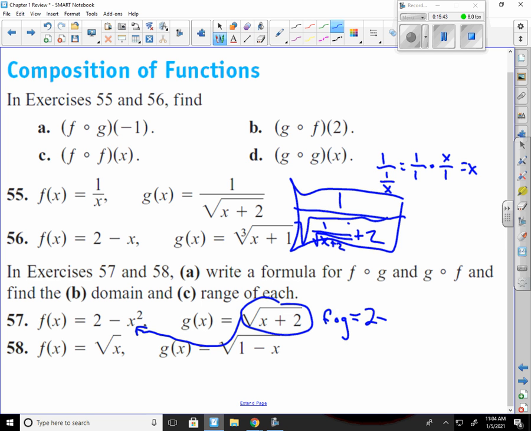So it gives me 2 minus square root of x plus 2, squared. Now if I do square root of x plus 2 squared, the square root and the squared cancel out, and I'm just left with 2 minus x plus 2, which is 2x plus 4.